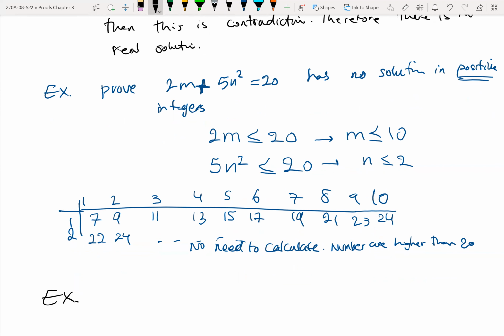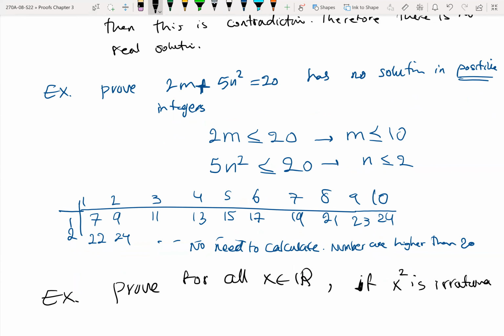This is for you. Prove for all real numbers, if x squared is an irrational number, then x is irrational.